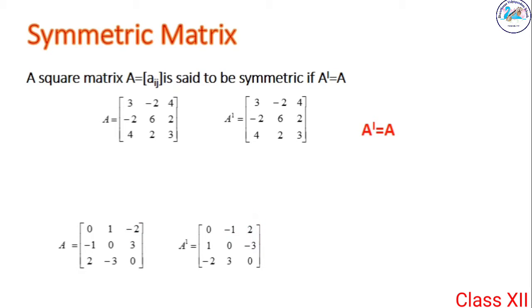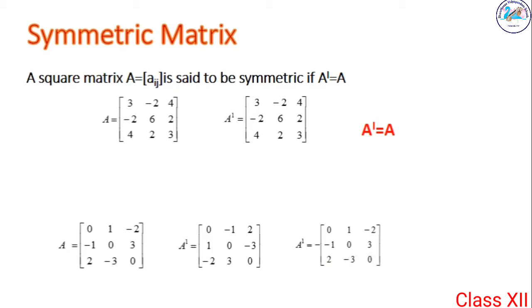So opposite signs are there. If A has a positive element, in A transpose it becomes negative. So what we have to do is just take a negative symbol outside from A transpose. When I take the minus outside, the matrix becomes 0 1 minus 2, minus 1 0 3, 2 minus 3 0.